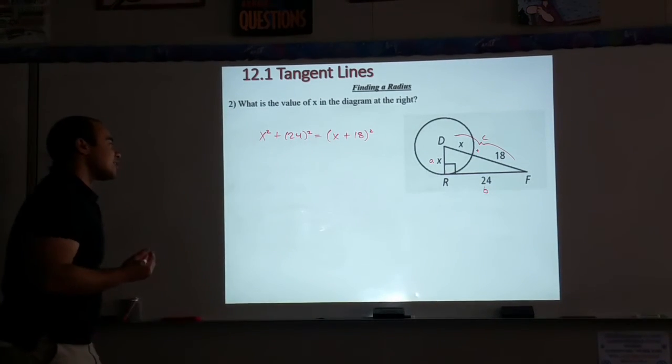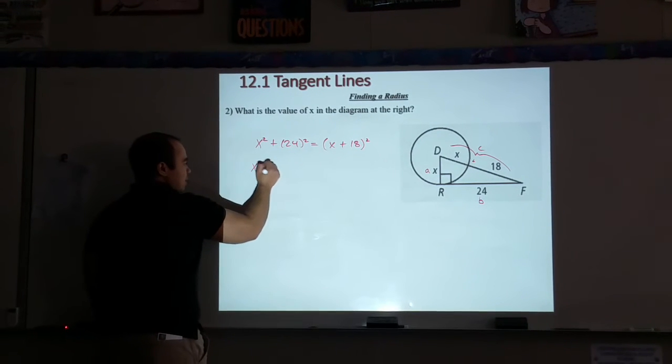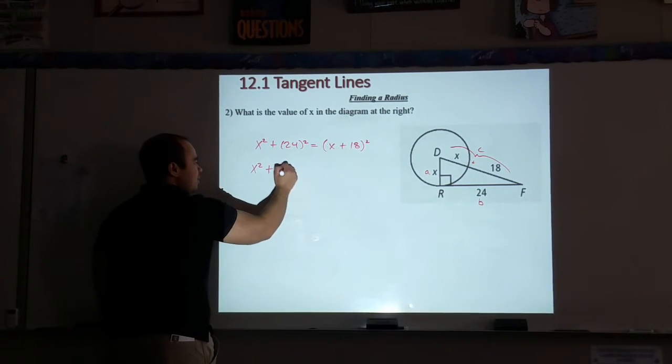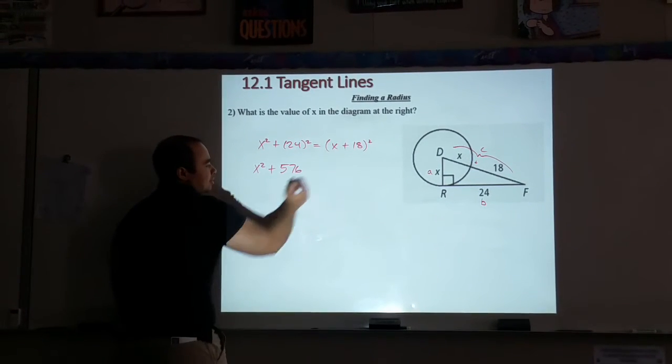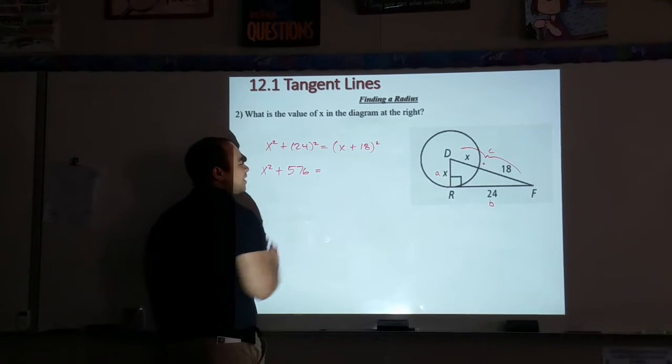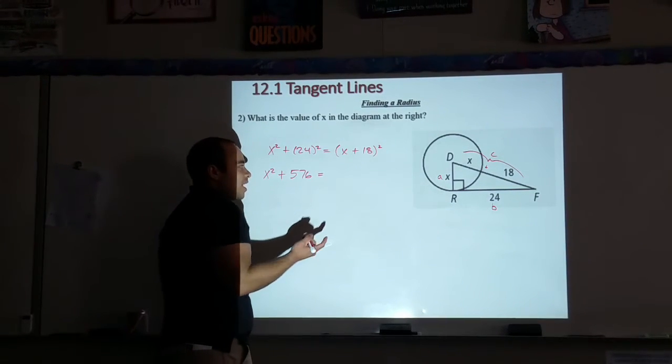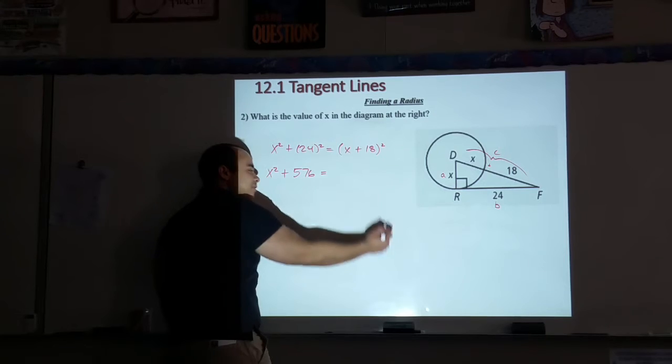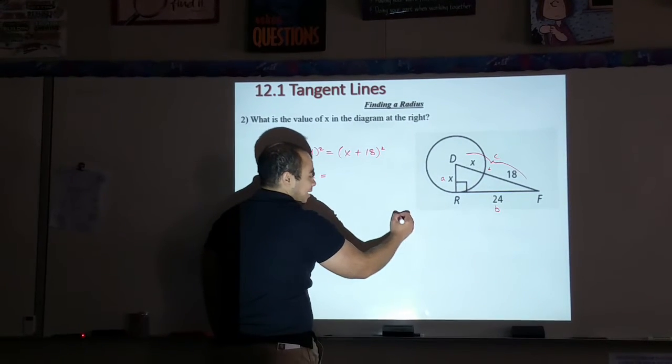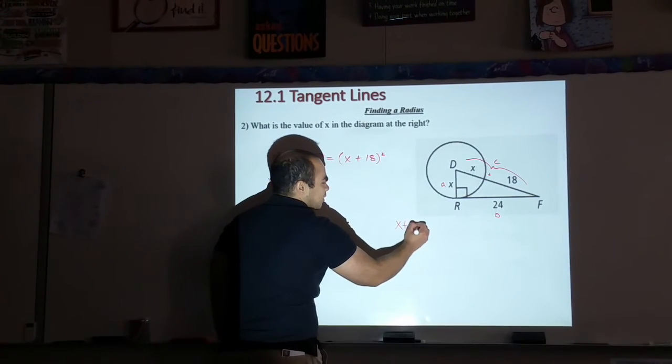All right, x squared stays the same. 24 squared, this time I know it's 576, equals x plus 18 squared. Well, once again, it's a binomial quantity. I have to FOIL this, not factor it. Oops. I have to FOIL this.